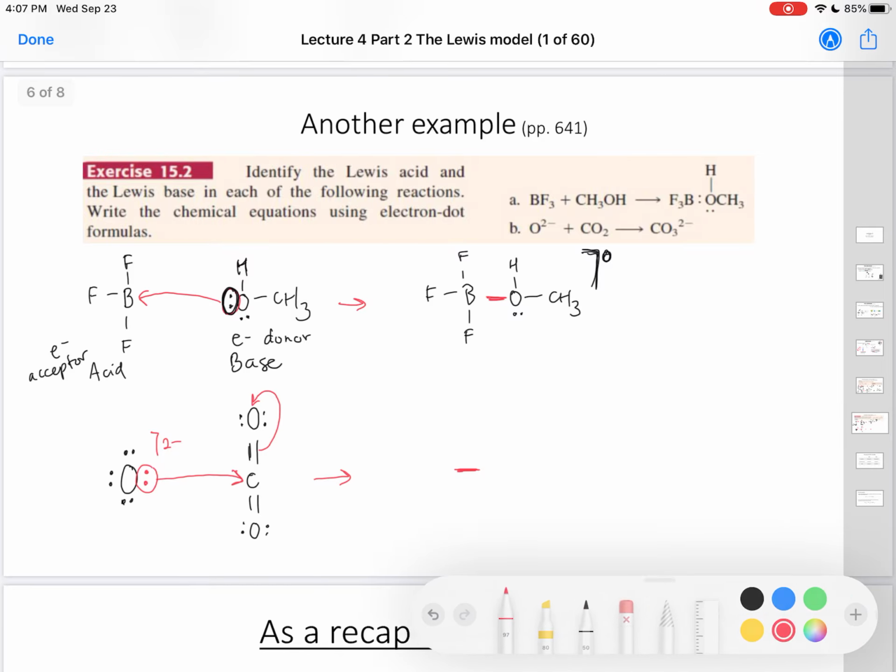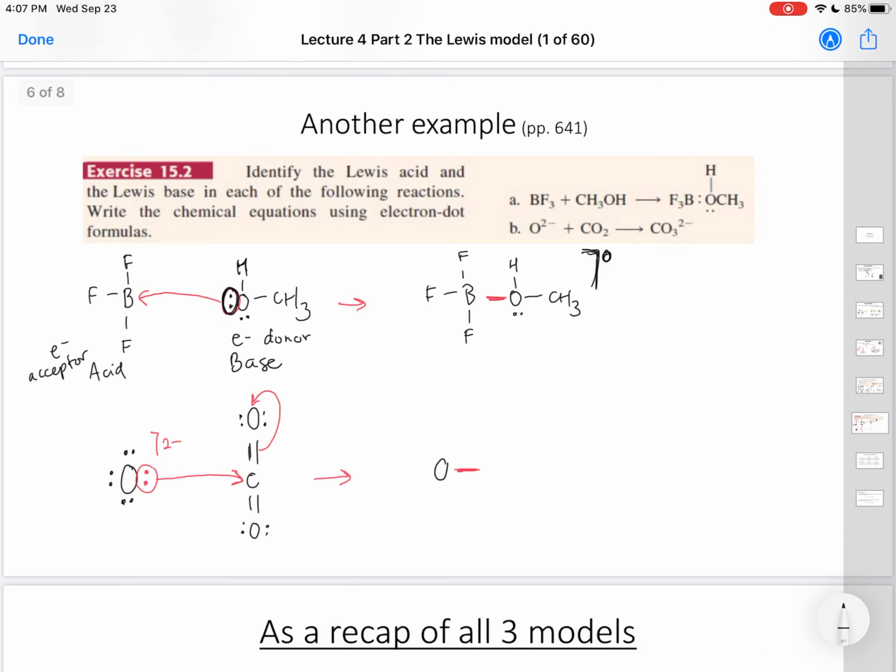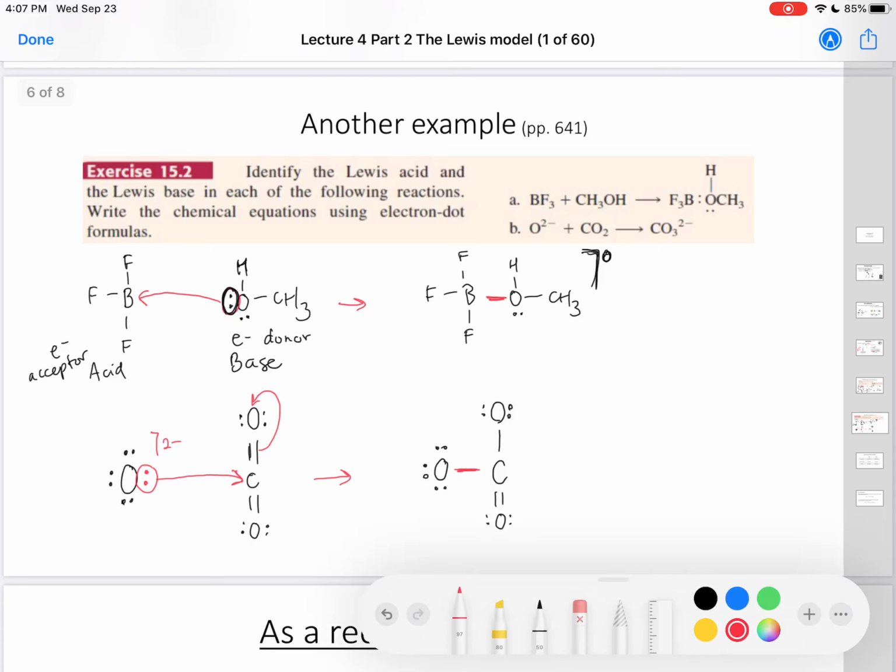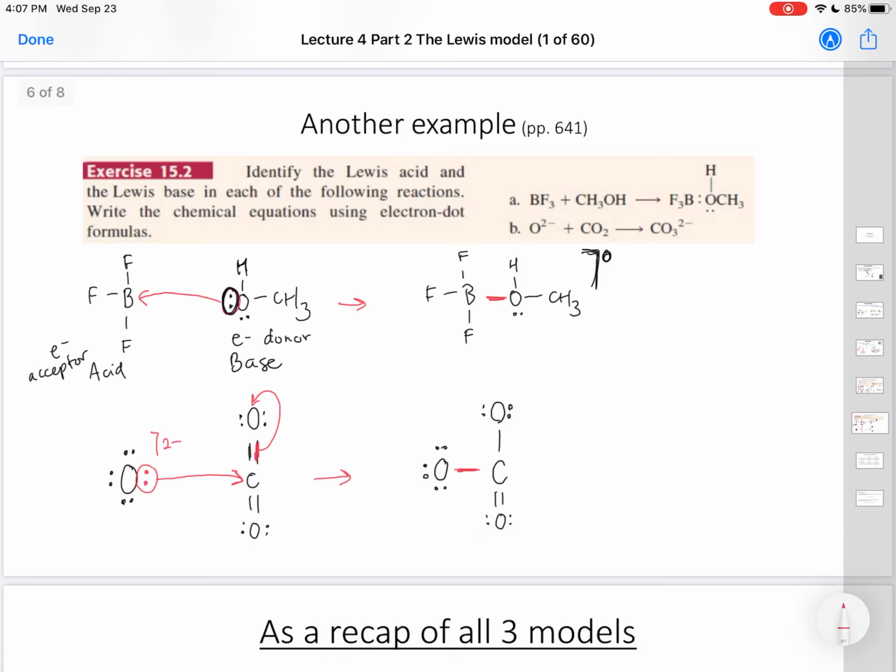There's a new bond that's formed, and that bond is between the oxygen and the carbon. I'm just going to draw the leftover lone pairs still hanging out. On the carbon here, there is still an oxygen that's double bonded, but this oxygen is no longer double bonded; it is single bonded. And the electrons from the bond here moved up to become these electrons.